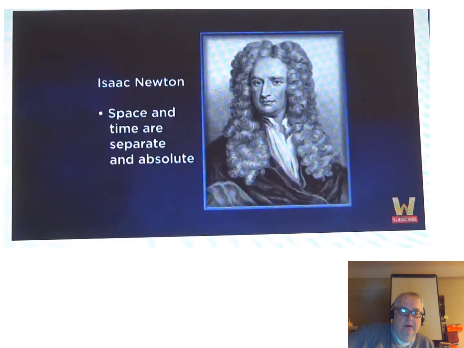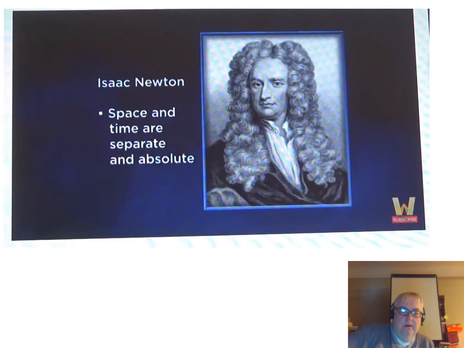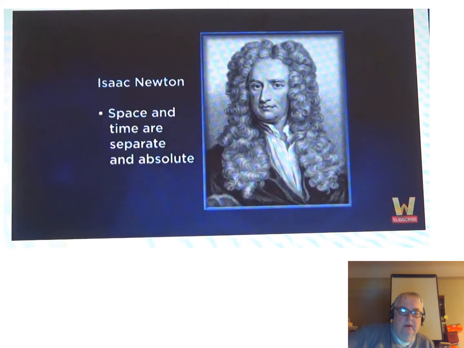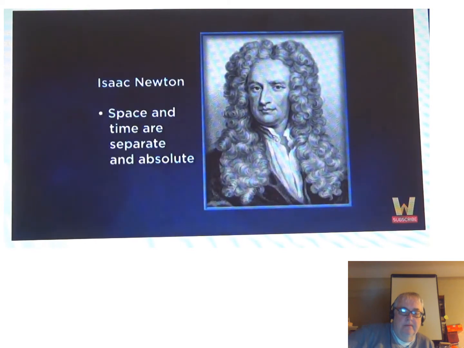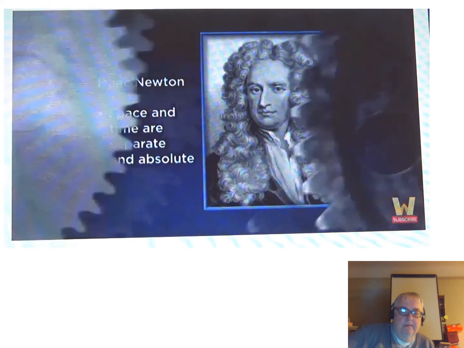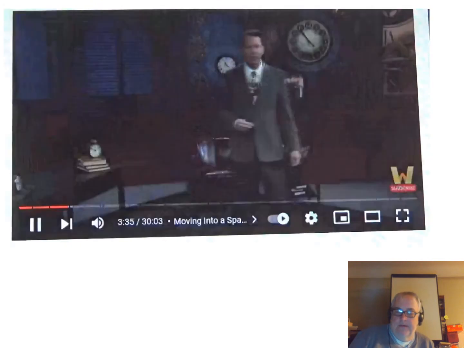If you were Isaac Newton or any of Newton's followers, you thought that space and time are separate and they're both absolute. So when we say that space and time are absolute, we mean that they're given, we know what they are. There are no choices to be made. It's not up to us. Different people don't have different kinds of space or different kinds of time.